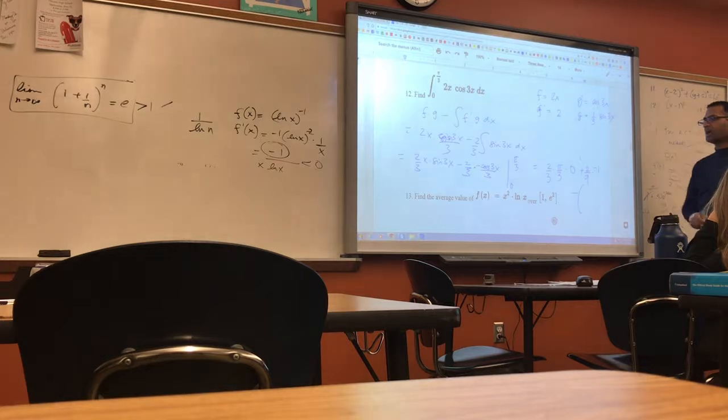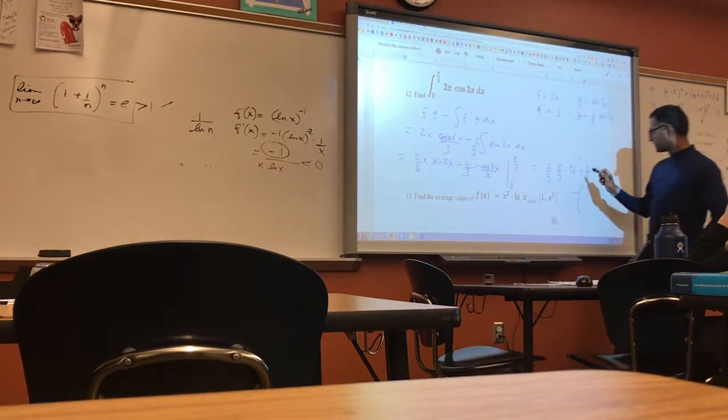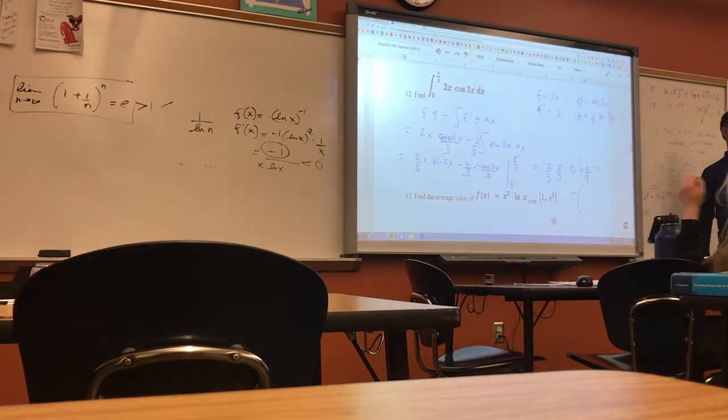Minus, big parentheses. Cosine of pi is negative 1, but there's a negative sign in front of the cosine. There are 2 negatives, and I made the 2 negatives positive already, so I have negative 1.